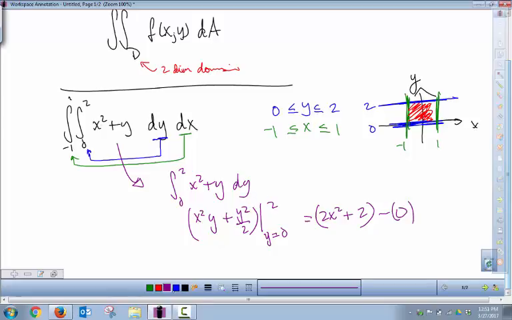Notice that when you take the integral with respect to y and then you evaluate, there are no more y variables there.